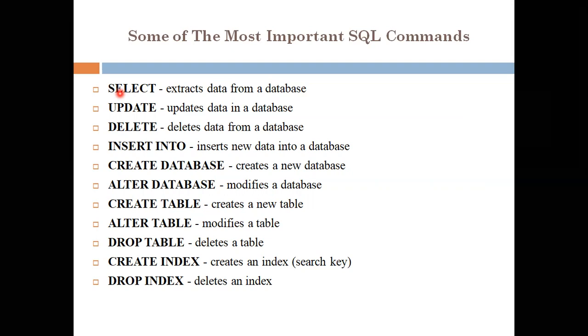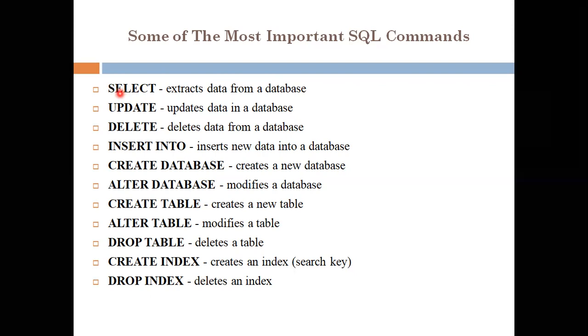If I want only 2 to 3 fields of data, or only 2 to 3 records, and I don't want the other things, then I can select the specific thing that is required, like 2 to 3 fields, 2 to 3 values. That is where SELECT is used.